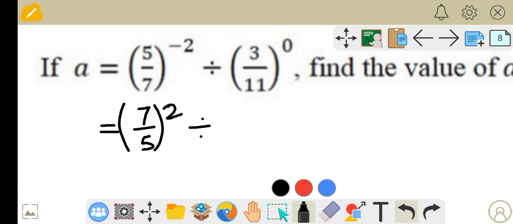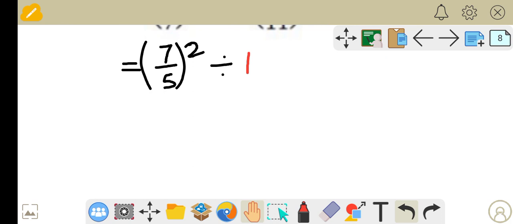We already know that if any number has exponent 0, then its value is 1. Now if we divide any number by 1, then the same number will be the result.